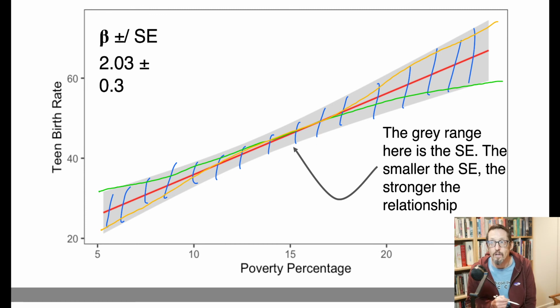Any line which lies within the shaded gray area is within the standard error. What we're saying is the slope is 2 plus or minus 0.3. So it could be as high as 2.33, and it could be as low as 1.73.